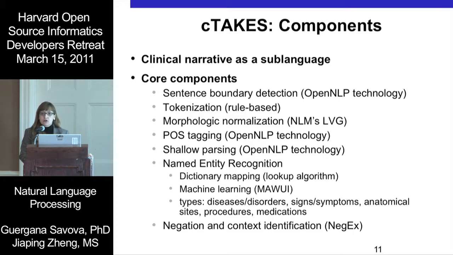So what are the core components? And this is a snapshot of the first release. Since September of 2010, we have had a very aggressive release schedule. So every couple of months, we're releasing a new module.